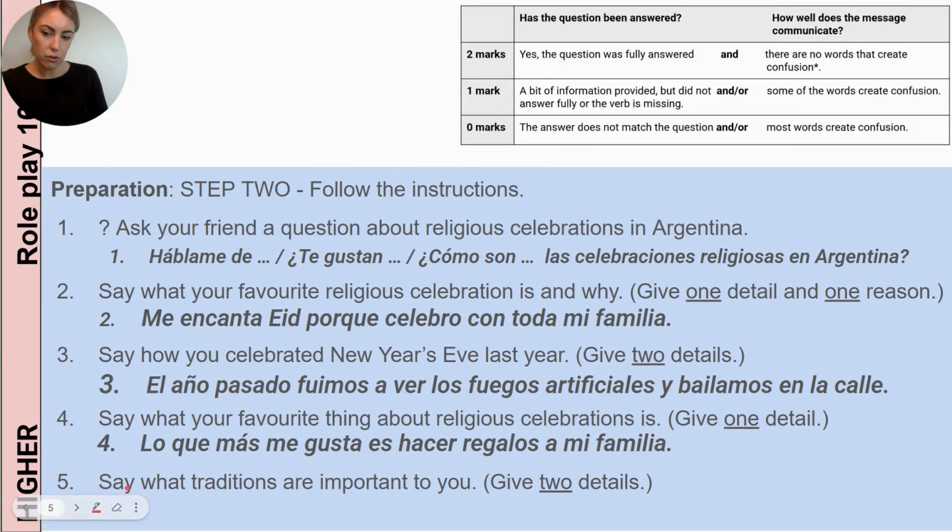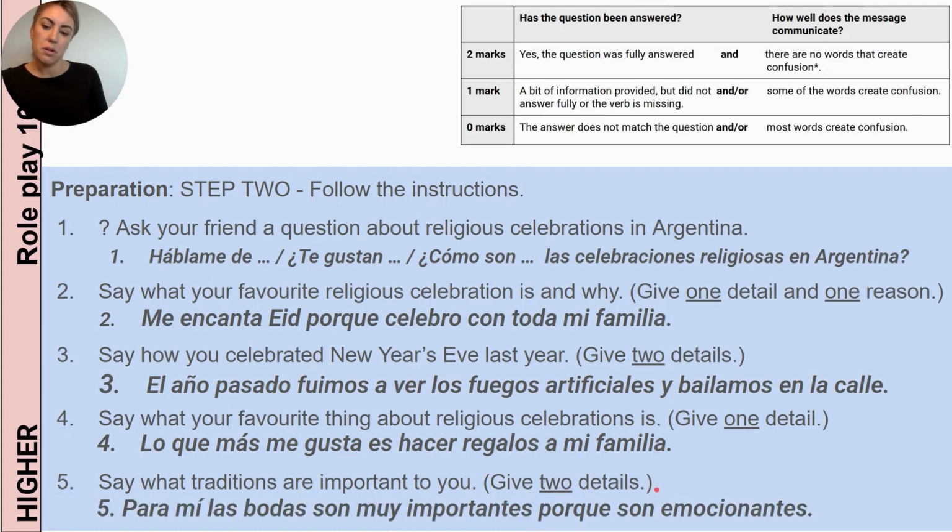Y número 5, say what traditions are important to you and 2 details. So maybe I don't know on the spot, but I have to use my GCSE vocabulary. And I'm going to say, to me, para mí, las bodas, weddings, son muy importantes. They're very important. And then I'm just giving another piece of information, porque son emocionantes, okay? I don't know what else to say, so I'm just going to go for that.